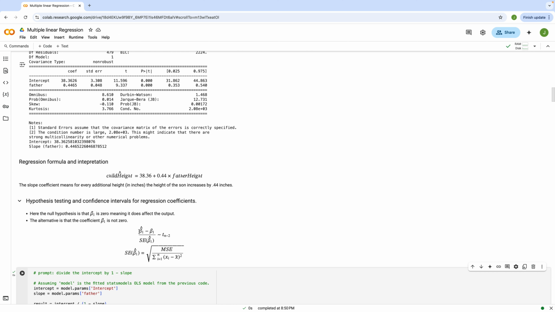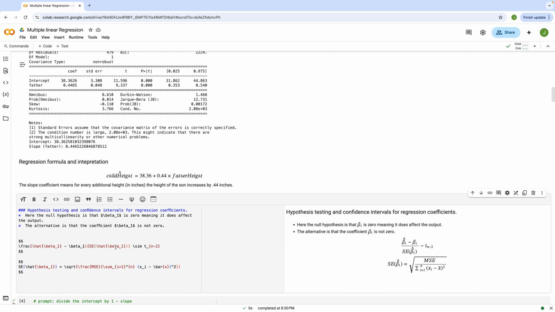Typically people write this as just being zero. Under the null, I should state, this thing is zero.